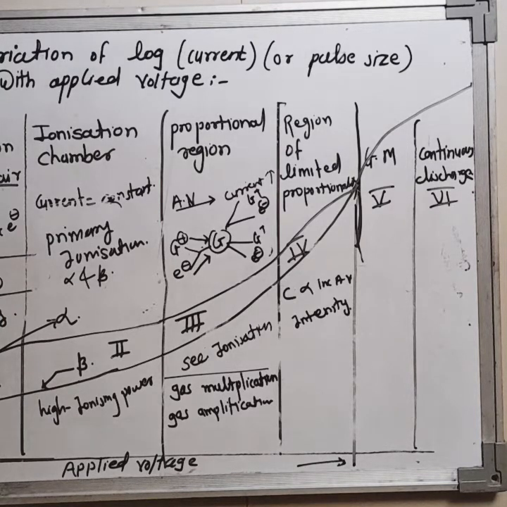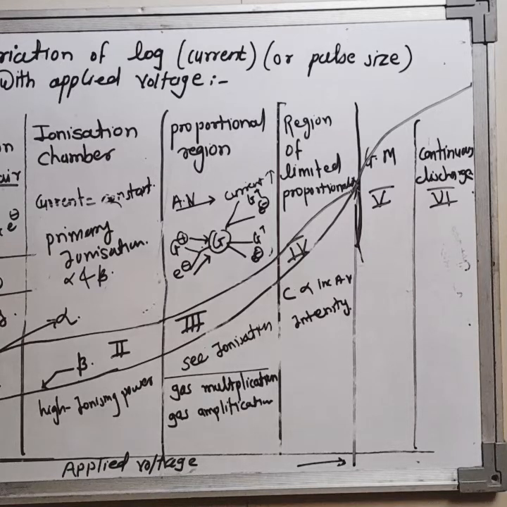This is sometimes referred to as the region of limited proportionality. At the end of this region, the two curves meet each other.